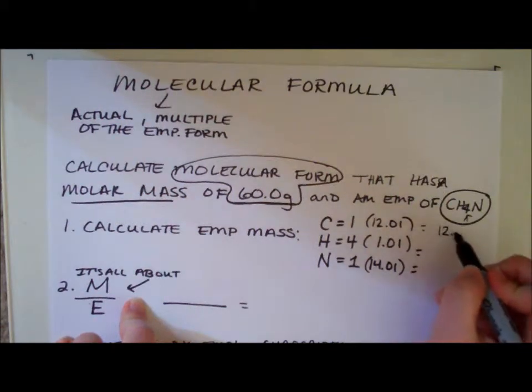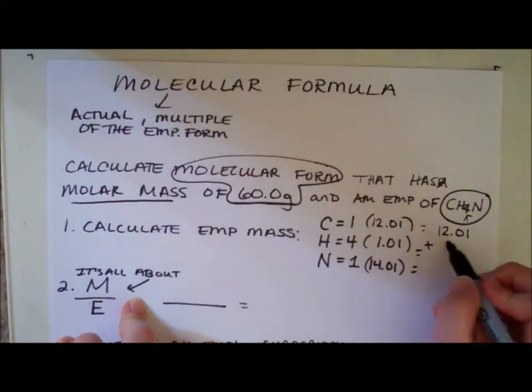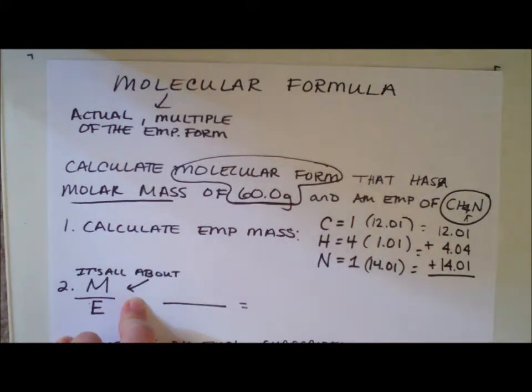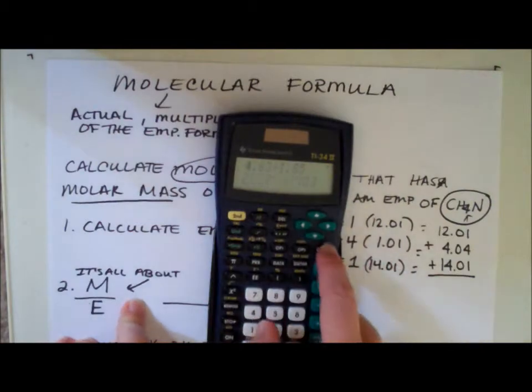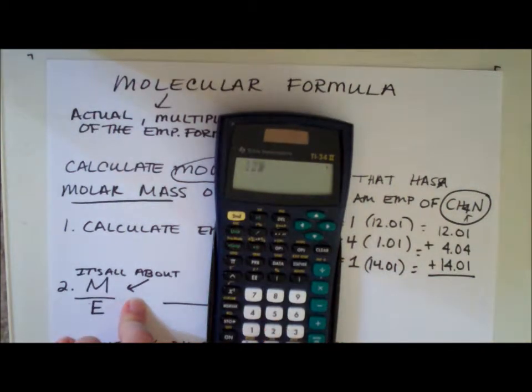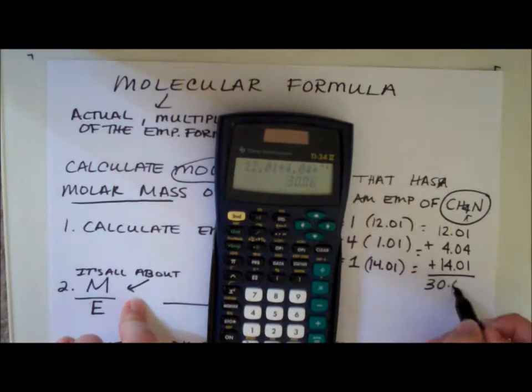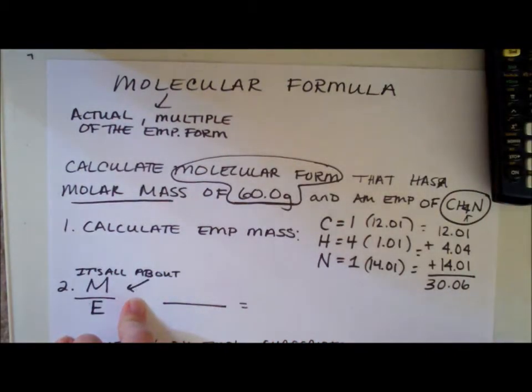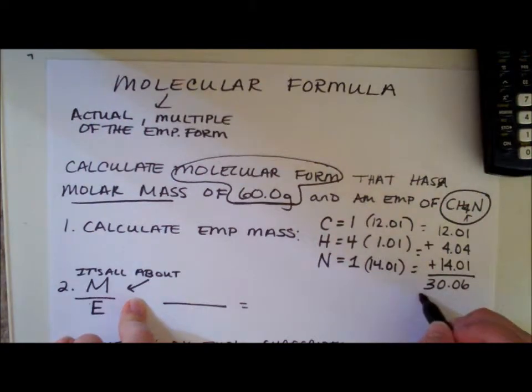So we're going to have 12.01 plus 4.04 plus 14.01. Now you'll need a calculator also for this tutorial. So we have 12.01 plus 4.04 plus 14.01, and we'll get 30.06.